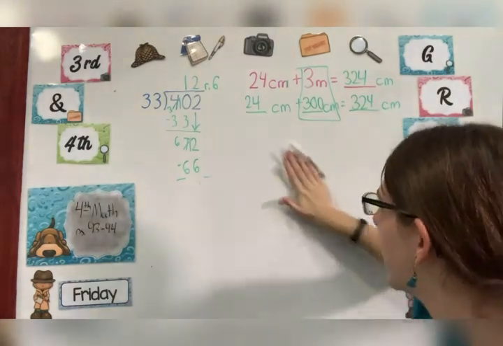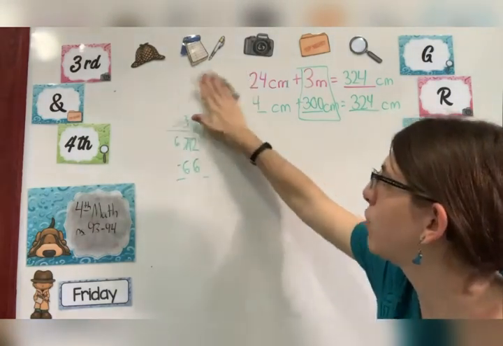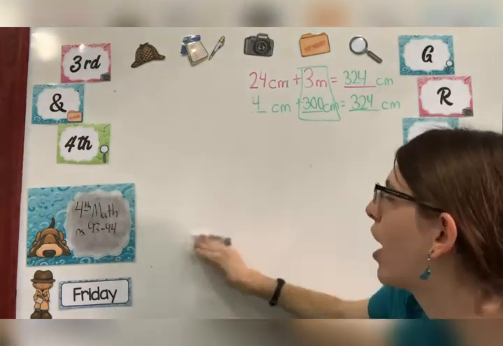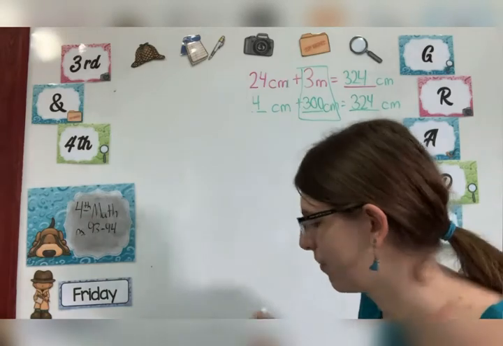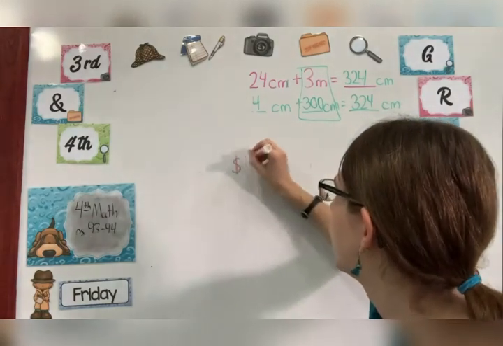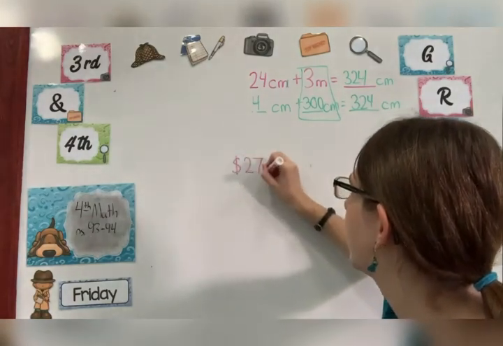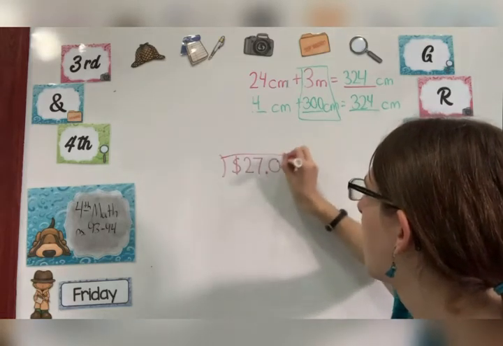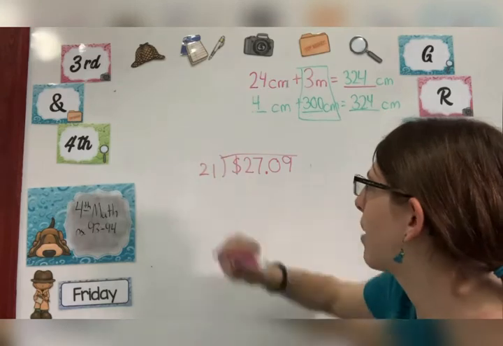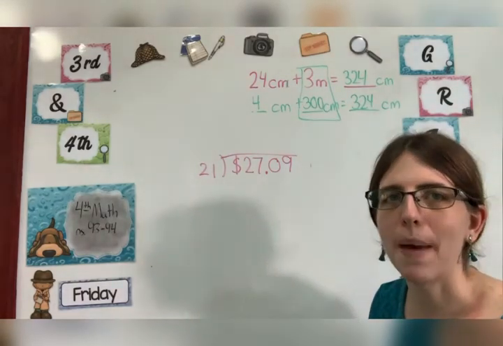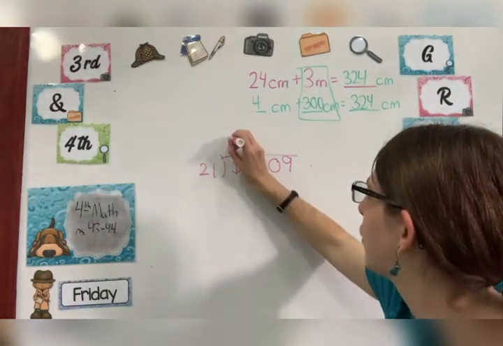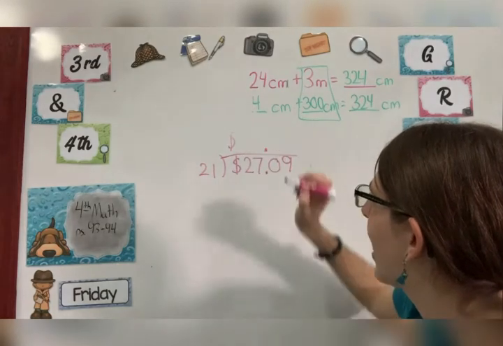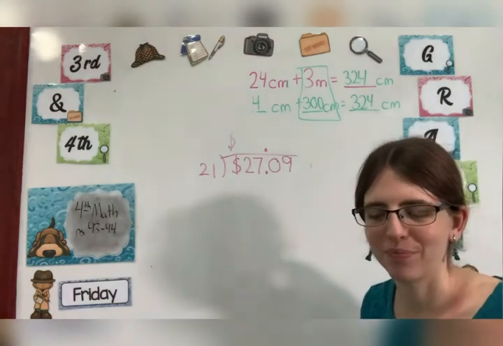I'm dividing that cost by 21 to find the cost of just 1 pen. So we divide $27.09 by 21, and that will give us the cost for just 1 pen. Don't forget to move your dollar sign and your decimal point up to the top of your problem.